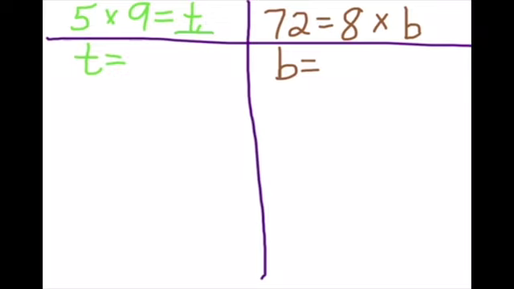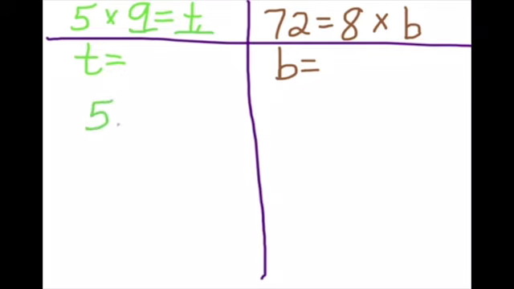So you could have used really any strategy that you know, not just the count by strategy. But in order for us to figure this out, I will be using a count by strategy just because I'm noticing a 5, and counting by 5s for me is really not that hard. So I'm going to count by 5s, and I'm going to stop at the 9th number, okay?